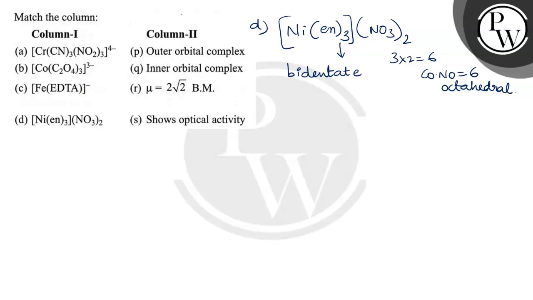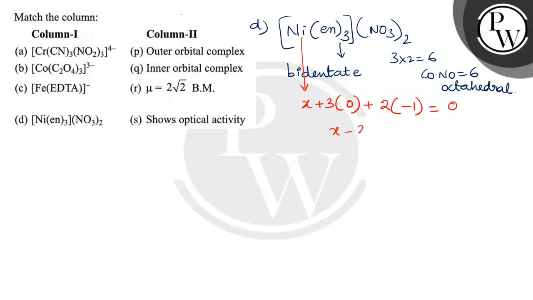So as it is an octahedral complex, it must exhibit either sp3d2 hybridization or d2sp3 hybridization. So the nickel oxidation state in this complex: X plus 3 into 0, because ethylene diamine is a neutral ligand, plus 2 into minus 1, since NO3 is minus 1, equals 0.